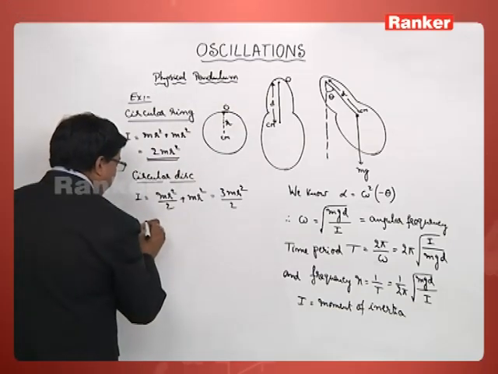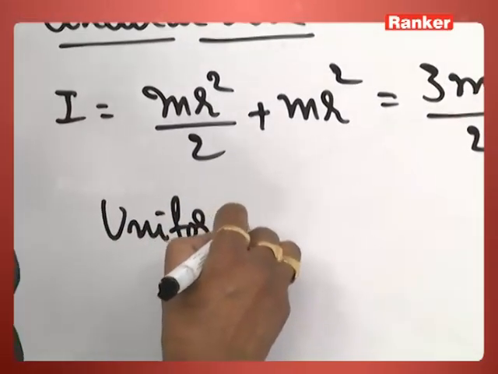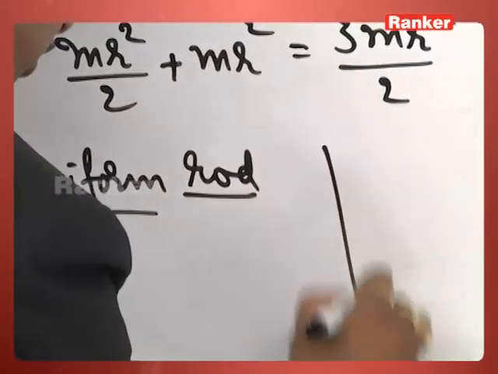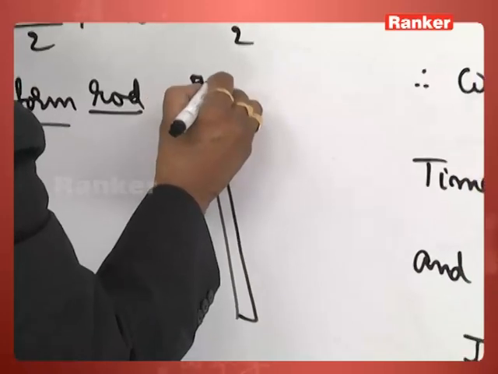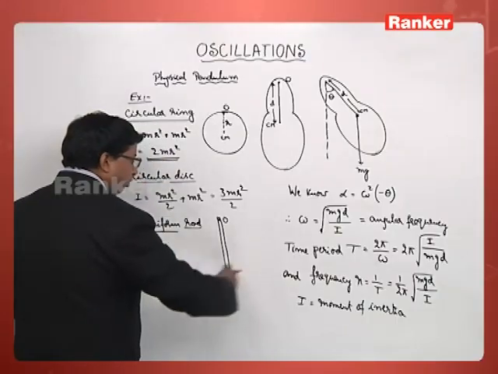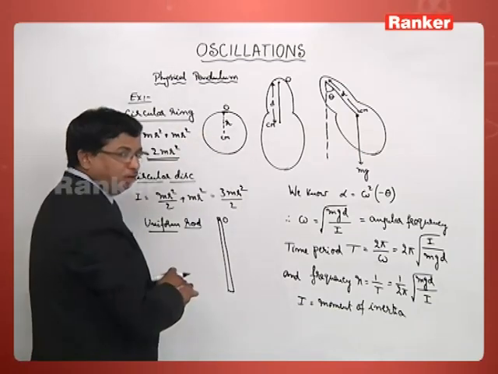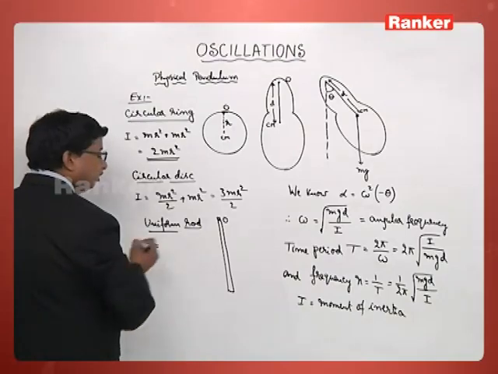Exactly in the same manner for a uniform rod. Suppose I consider the body as a uniform rod like this. This is now fixed over here at O. It is made to oscillate once again like this. That also becomes a physical pendulum. What would be the formula for moment of inertia in that case?